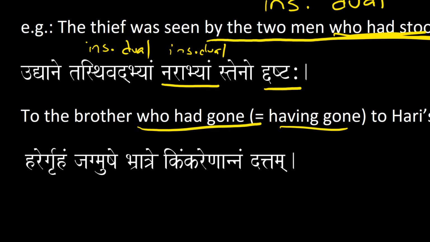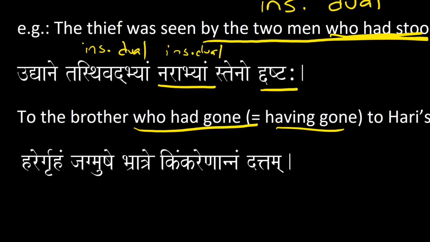So we have Hare Griham, that's Harry's house. To the brother is going to be dative singular. And who had gone should also be dative singular, because it is to the brother who had gone. The brother is the one who had gone to the house. So if the brother is dative, then the adjective that is describing the brother should agree.